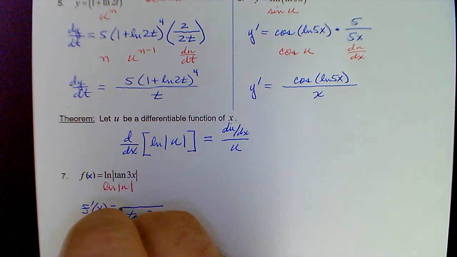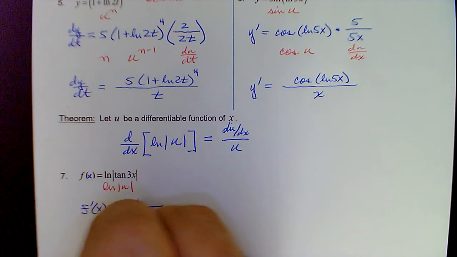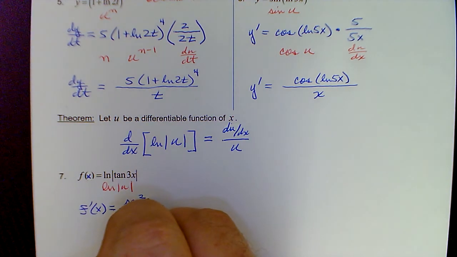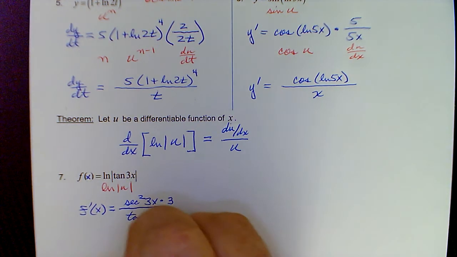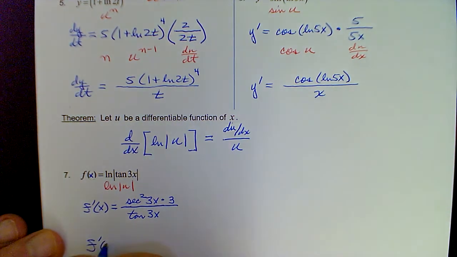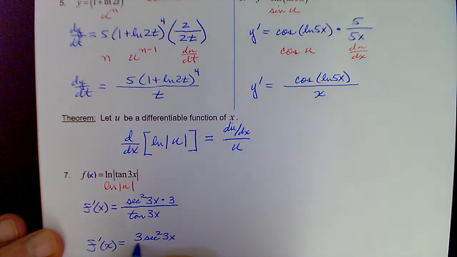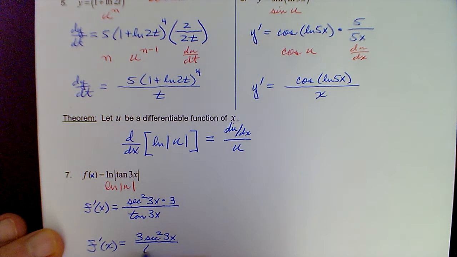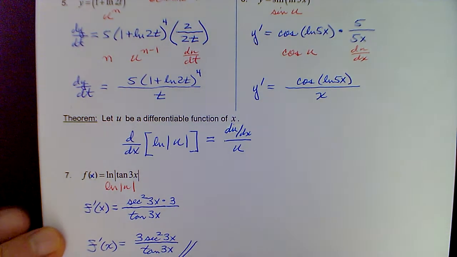Okay, now the derivative in the numerator, so we recall the derivative of tangent is secant squared, same argument 3x, don't forget, times the derivative of the argument, 3. So an acceptable answer, f prime of x, would be, let's say, 3 secant squared of 3x over tangent 3x. So that's acceptable.